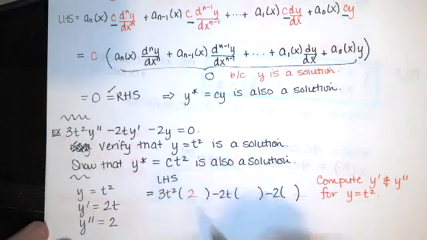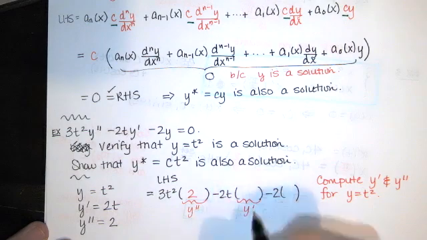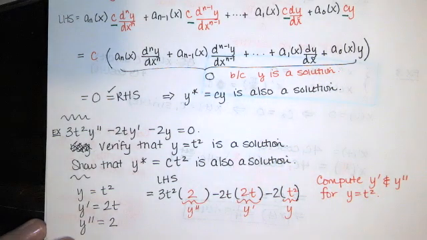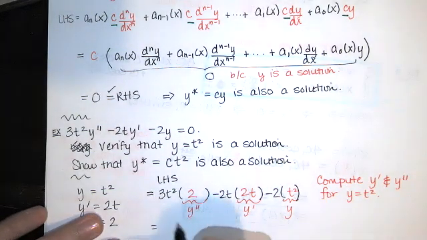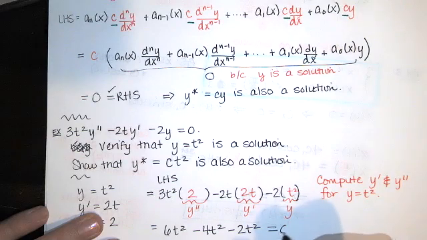Y double prime was 2. This is supposed to be y prime. We got a 2t there. This is supposed to be y, which we assume to be t squared. If we evaluate this, we get 6t squared minus 4t squared minus 2t squared, and that minus that is 0.